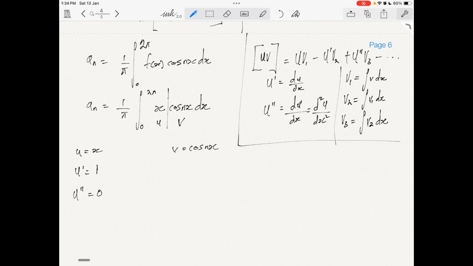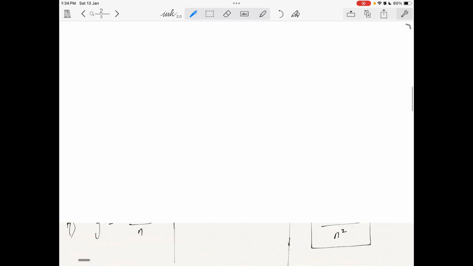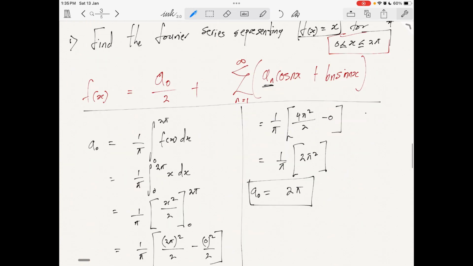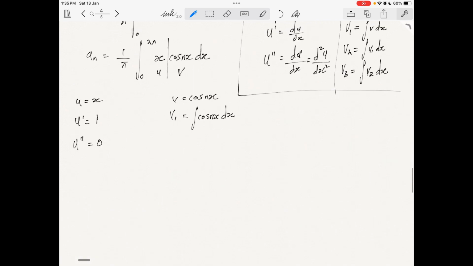Also in our v, we have to evaluate v1, which is the integral of cos nx dx. Going back to our first video where we integrated cos nx dx, we have sin nx over n.